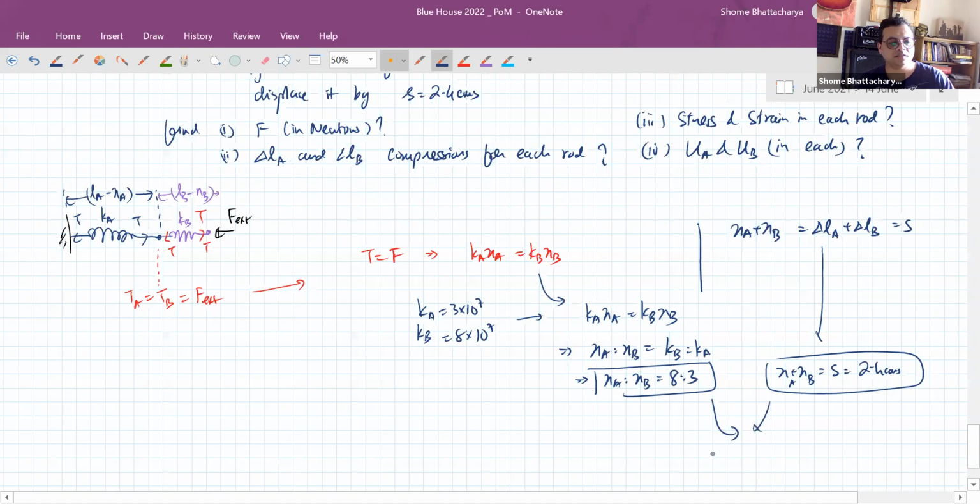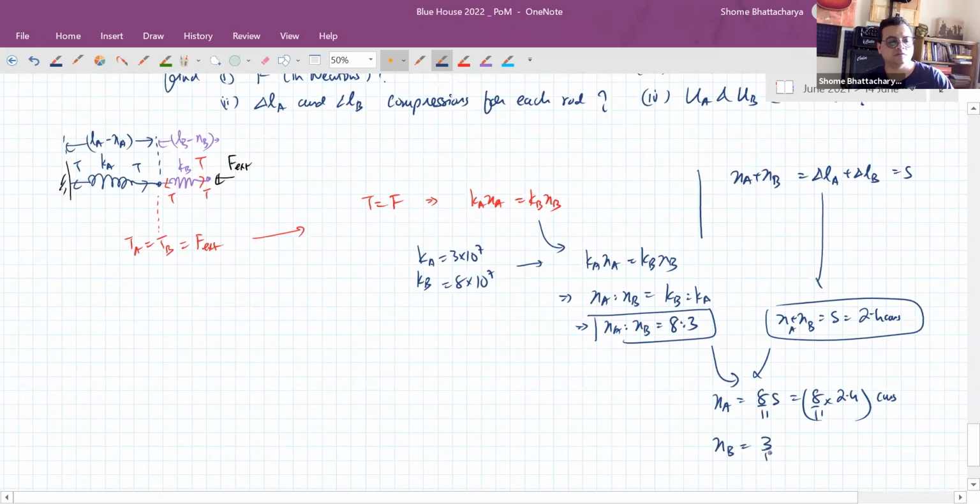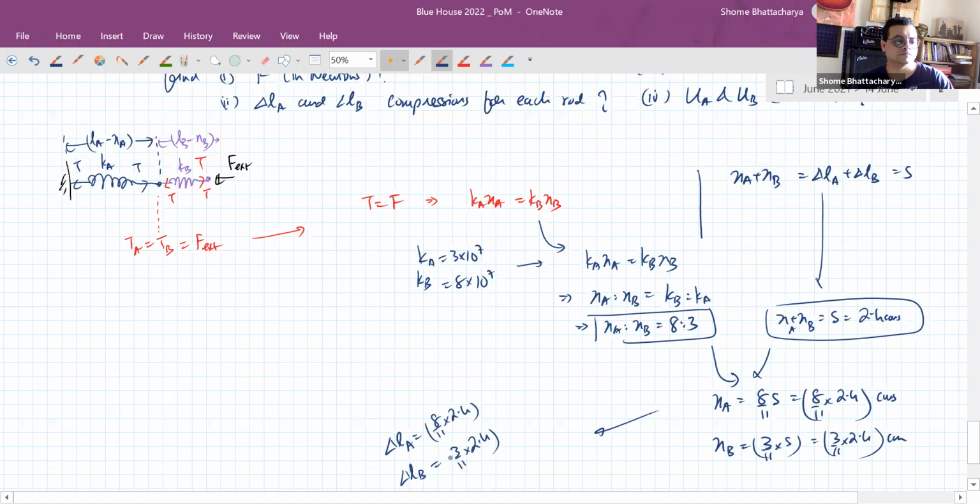So that means Xa will be 8 by 11 times S, and Xb will be 3 by 11 S. So from this now we know that the individual compressions will be this much. And then from that we'll find out the tension, and from that we'll find out the amount of force also.